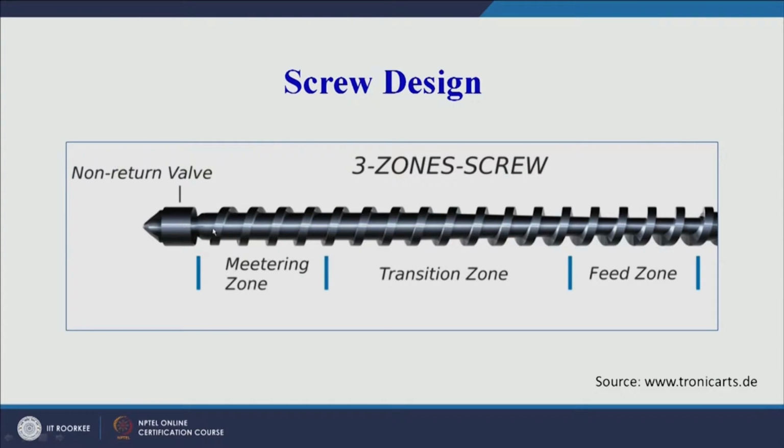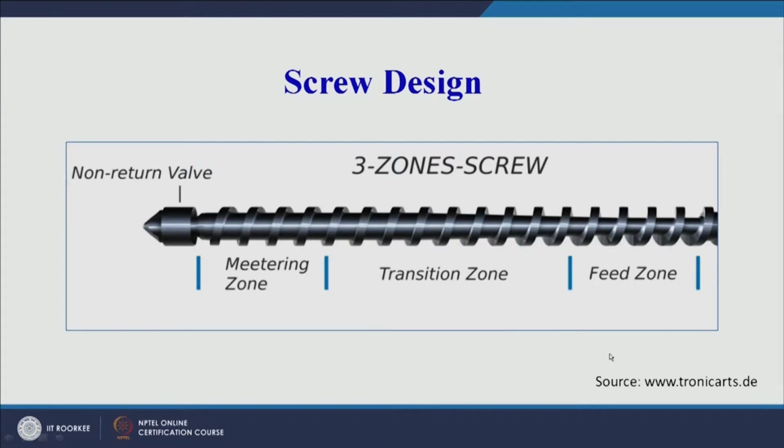So this is the length, if you can see on your screen, this is the length of the screw along this longitudinal direction or the axial direction of the screw. There are three zones. One is the feed zone, second one is the transition zone, and the last one is the metering zone.